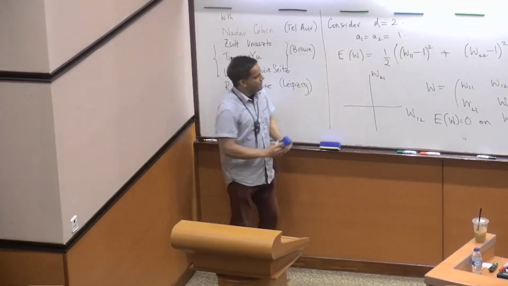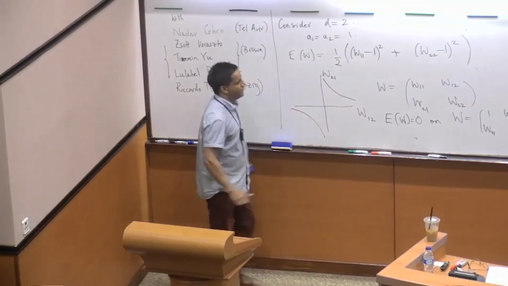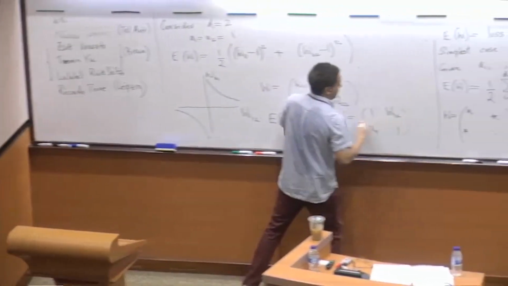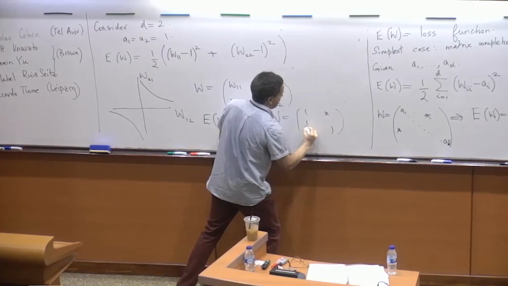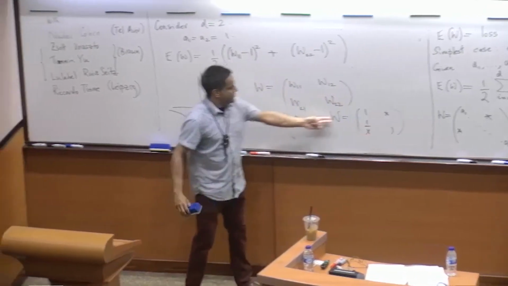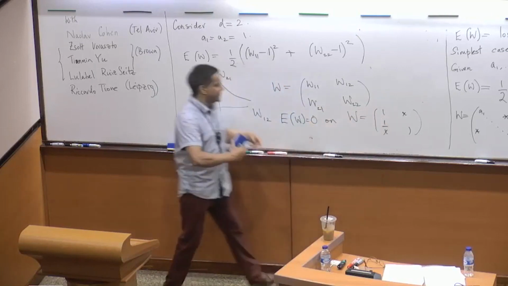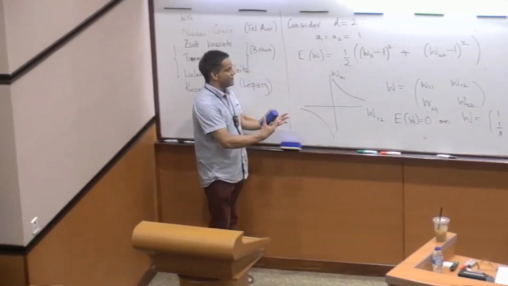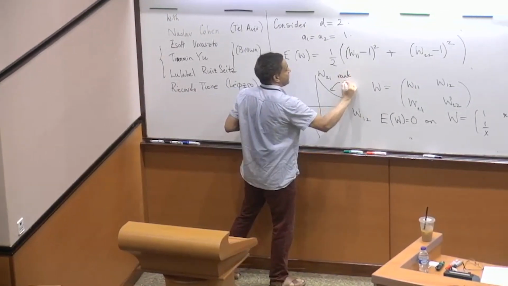But even within this plane, there's a little curve over here, where let me think about that as x and 1 over x. So it's equal to 0, of course, on what I wrote out earlier, but within the space where the energy is 0, there are little manifolds, so this would be rank 1 matrices.